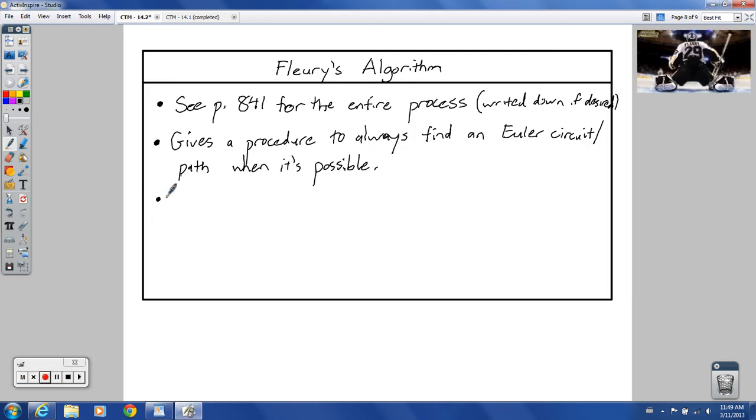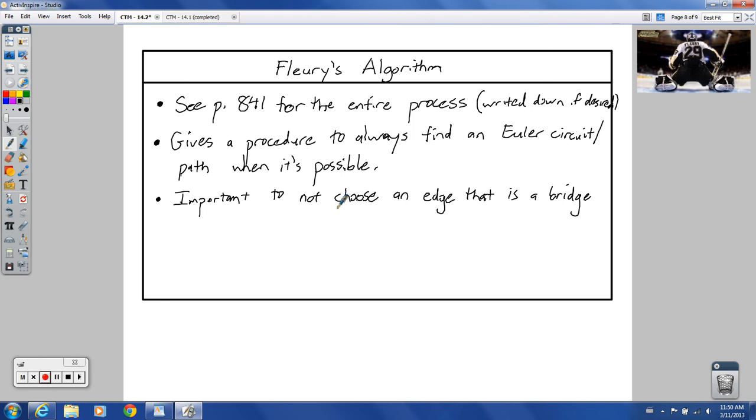But I think the least intuitive thing, and the most important thing not to do, because then you won't be able to complete the path or complete the circuit, is to choose an edge that is a bridge.